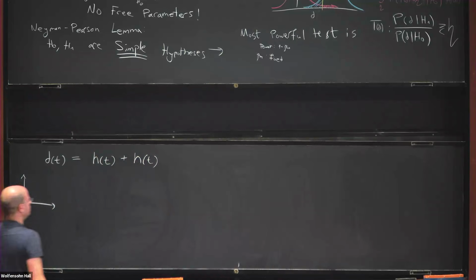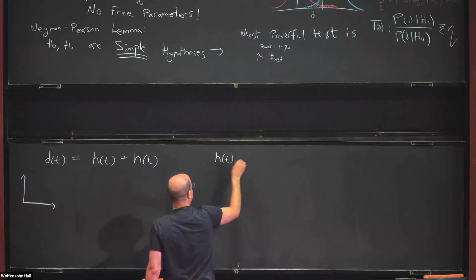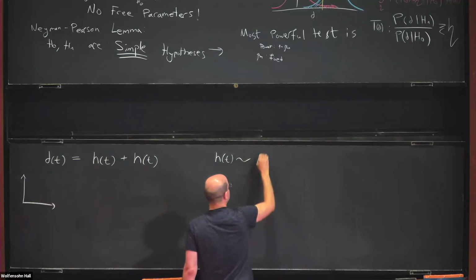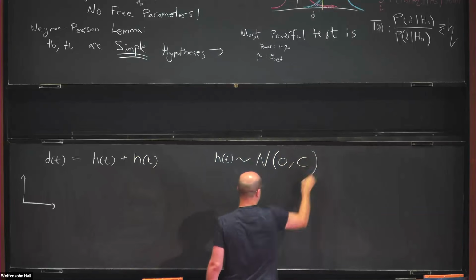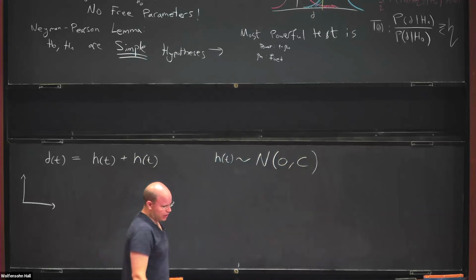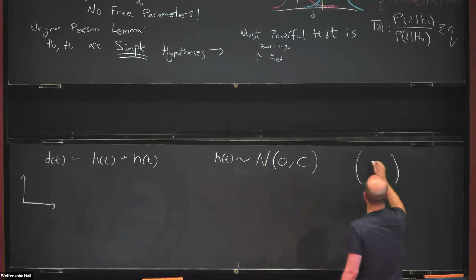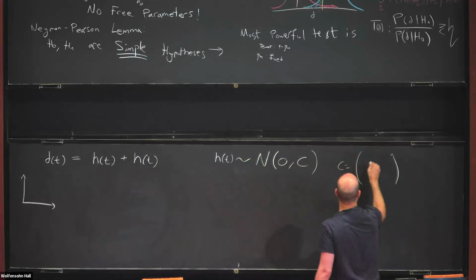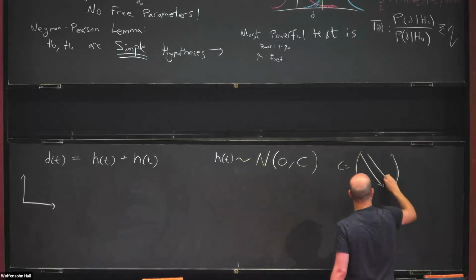And Teja yesterday showed the classical model in which N of t is distributed as a Gaussian, normal variable, with mean 0 and some covariance C. And moreover, Teja already said that the covariance is a circular matrix.